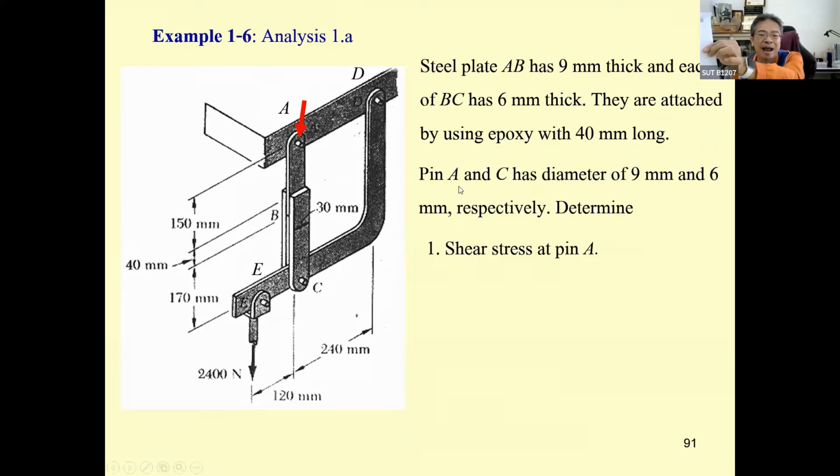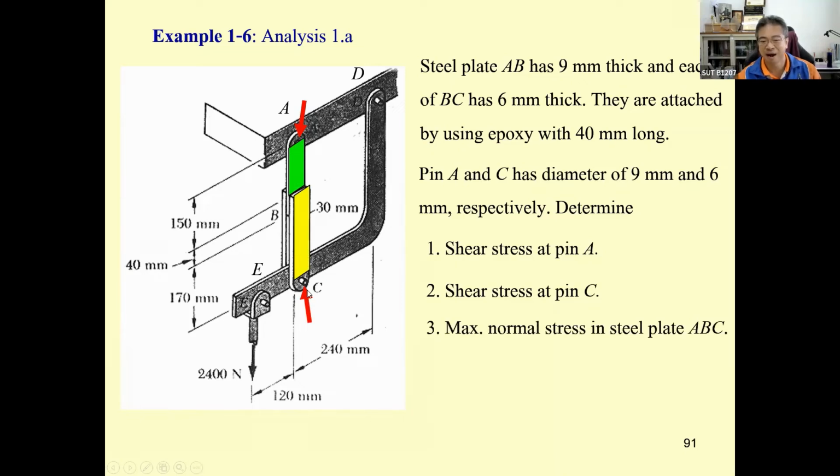The pin at A, 9 millimeter, is big. The top one is big; the bottom one is smaller because it's 6 millimeter. Shear stress at pin A is going to be single shear. Shear stress at pin C is going to be double shear.